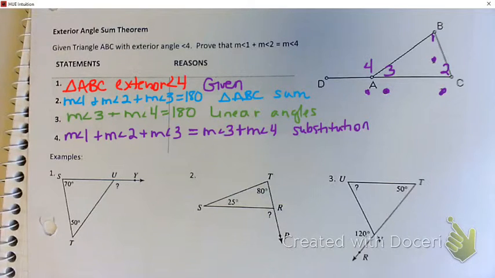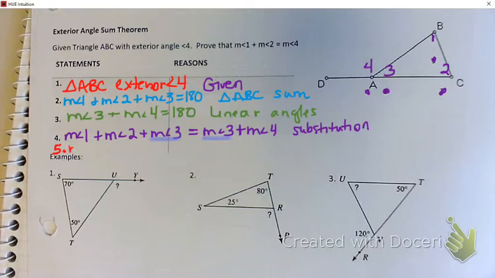Okay, one more thing I want to do. Think of solving the equation right there. What could you do on both sides that will help you solve the equation? Is there anything there that's on both sides? See how measure of angle 3 is on both sides? Could I subtract measure of angle 3 on both sides?